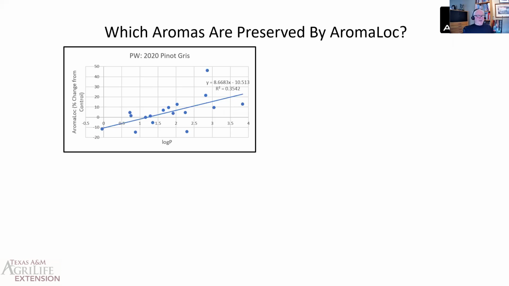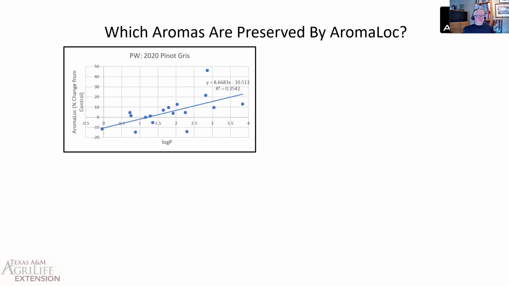We had a nice spread of hydrophobicity values for these compounds. So we got points spread out along the x-axis quite nicely. So the low values for log P mean the compound is very hydrophilic. It's not very volatile. Higher values for log P represent compounds that are hydrophobic and are quite volatile. Well, you see what Aromalock tends to do.